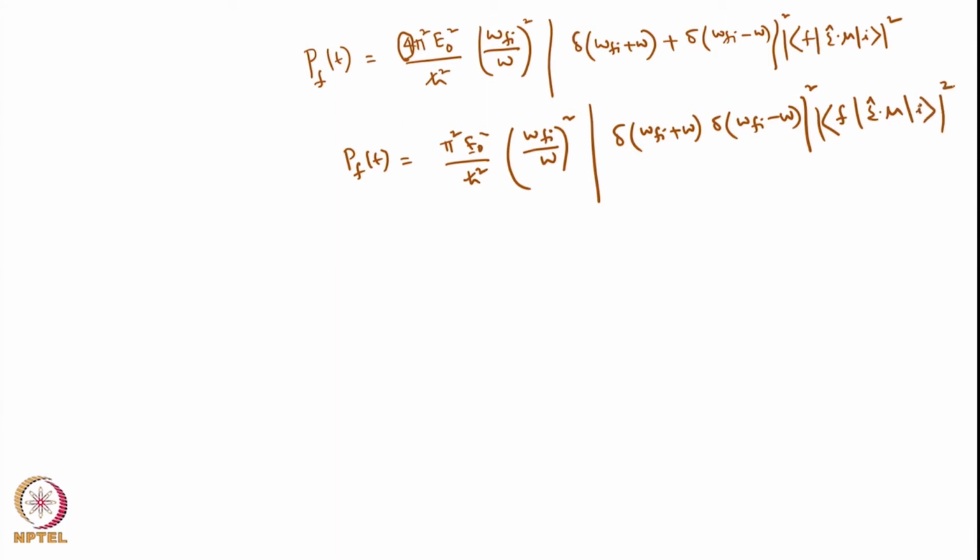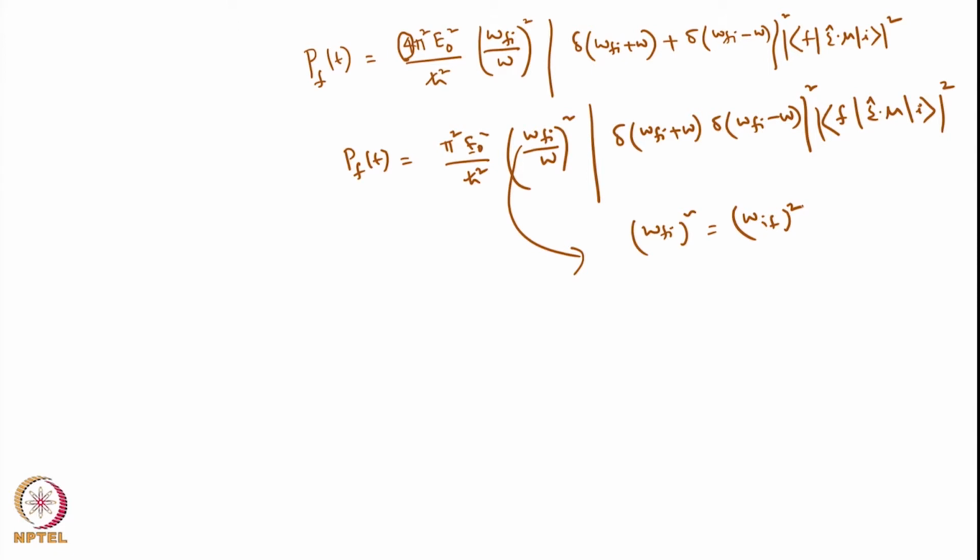Okay. Now, there is one more thing when you are squaring this. Omega Fi square of course is equal to omega If square. So whether it is going from the state F to state I or state I to state F, this will remain the same.